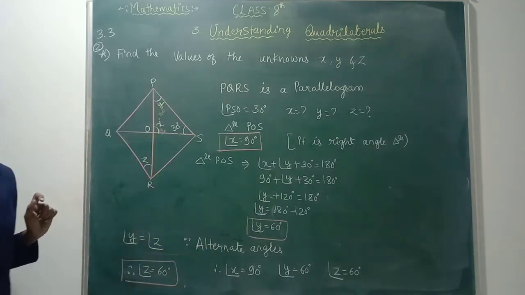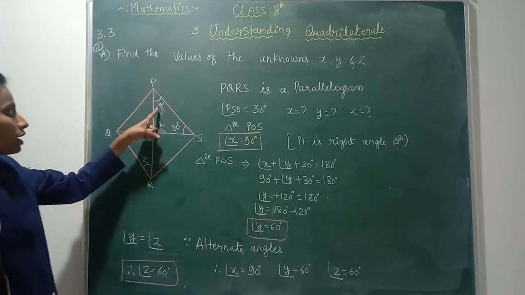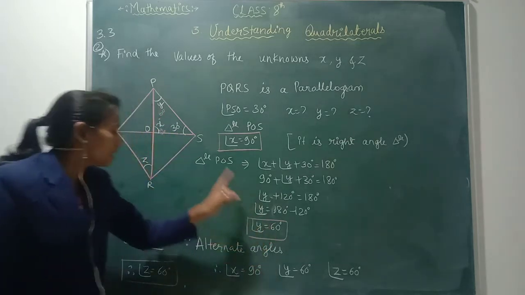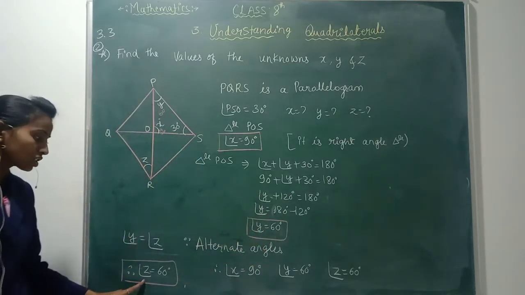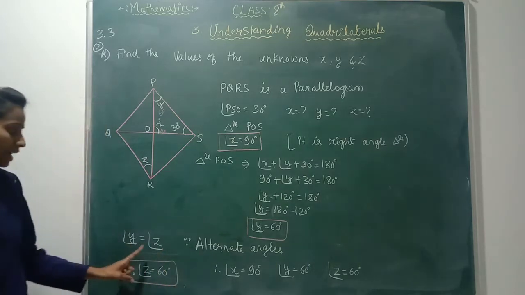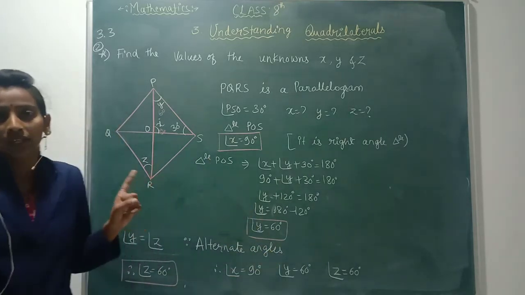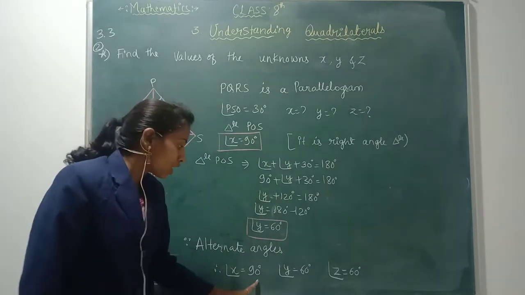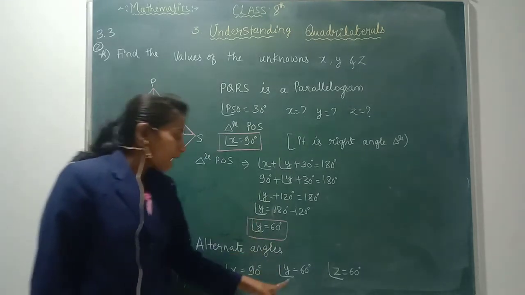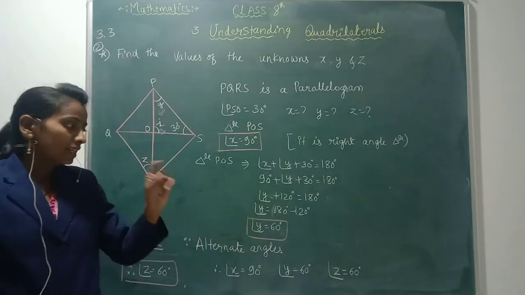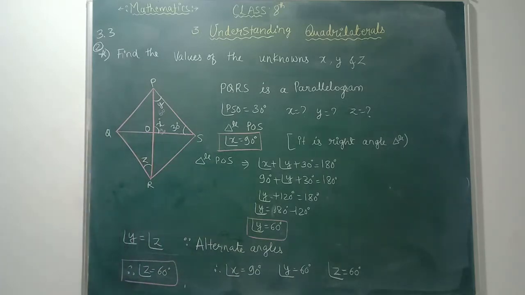They are equal in measurement. So already we have Y equal to 60, means Z also becomes 60 because they are alternate angles. They are equal in measurement. So X value we got as 90 degrees, Y angle we got 60 and Z we got 60 also.